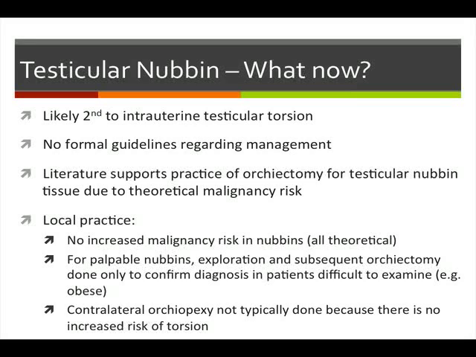However, because there's really no proven increased malignancy risk, in terms of local practice, if you have a palpable nubbin before surgery, you can do an exploration and subsequent orchidectomy, but that's only done to confirm a diagnosis in patients that are difficult to examine, so very obese, for example. Contralateral orchidopexy is not typically done, because there's really no proof that there's a higher risk of torsion in this population.